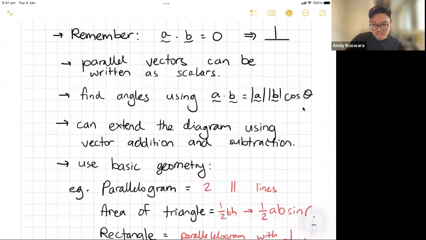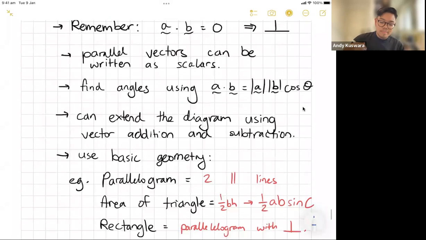We can find angles using the dot product: a dot b equals magnitude a times magnitude b times cos theta. That's a helpful one. And also, just remember you can extend the diagram beyond what's given using vector addition and subtraction. It helps, especially to complete triangles or to complete trapeziums, parallelograms.